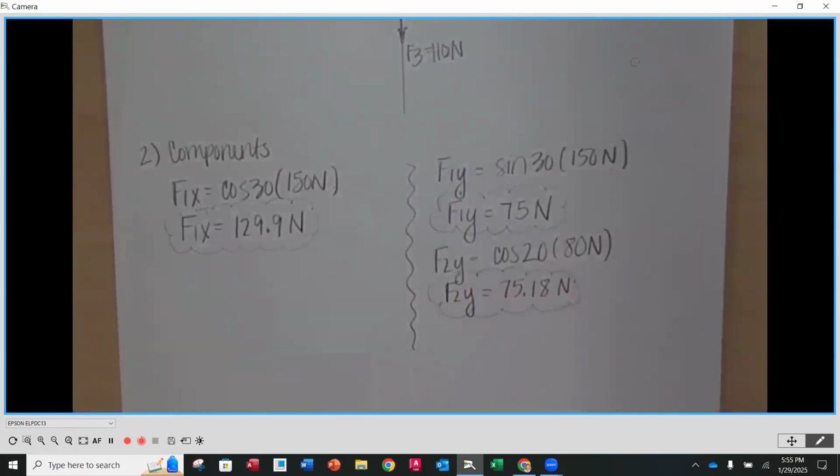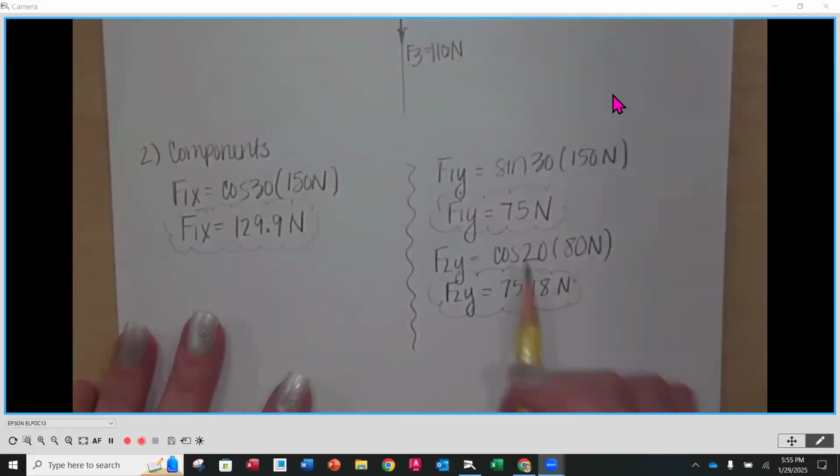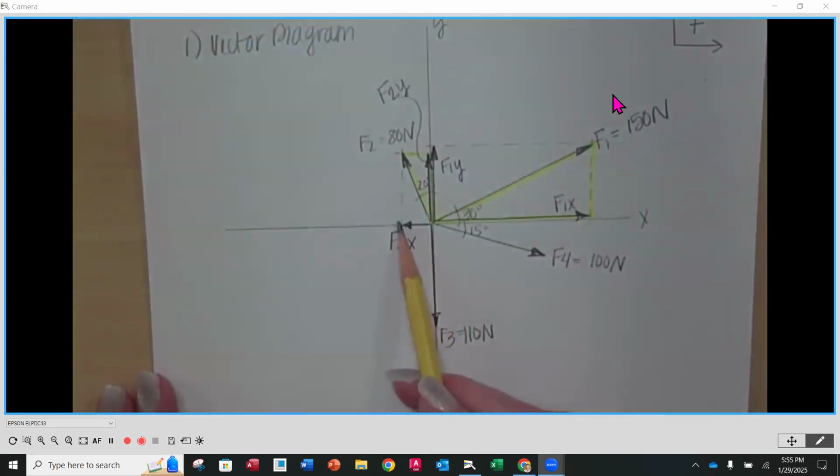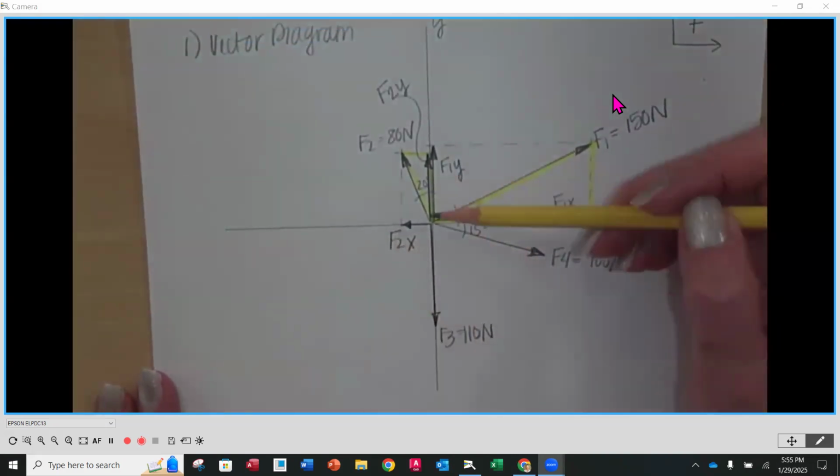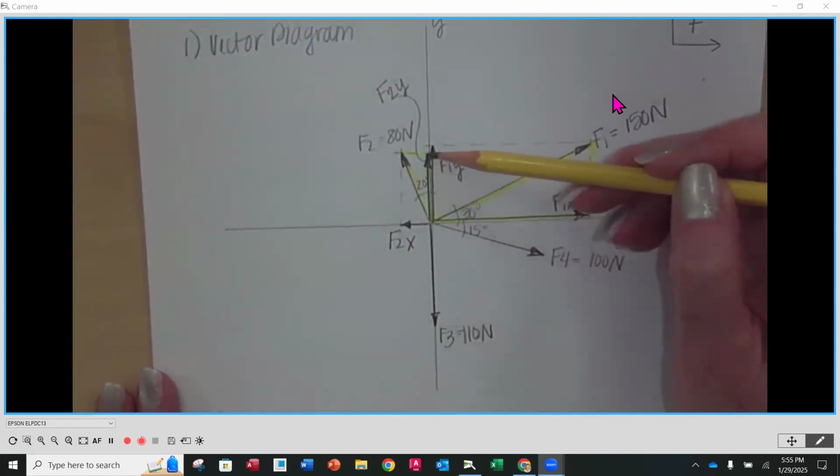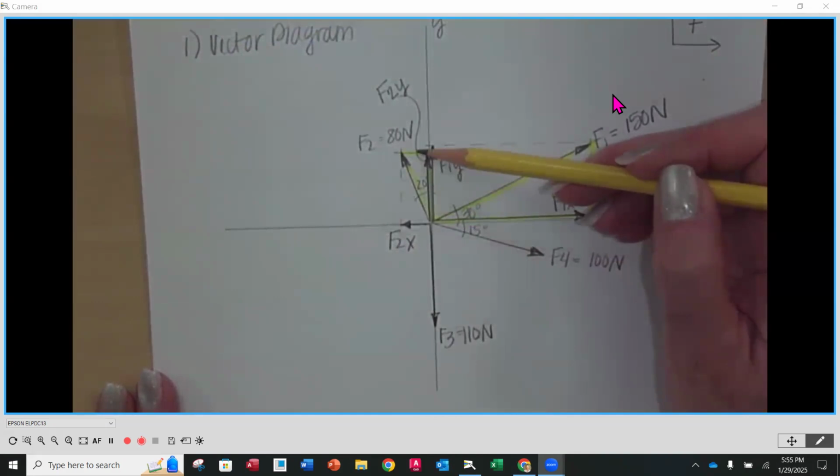Okay. And for those who are virtual, feel free, I'm going to pull the chat out, and you can always add the answer in there if you want to contribute. All right, now we've got to do the X component. The X component on our diagram is right here. But we know that if we look at our little highlighted triangle here, it would be equivalent to the opposite side of the 20 degrees.